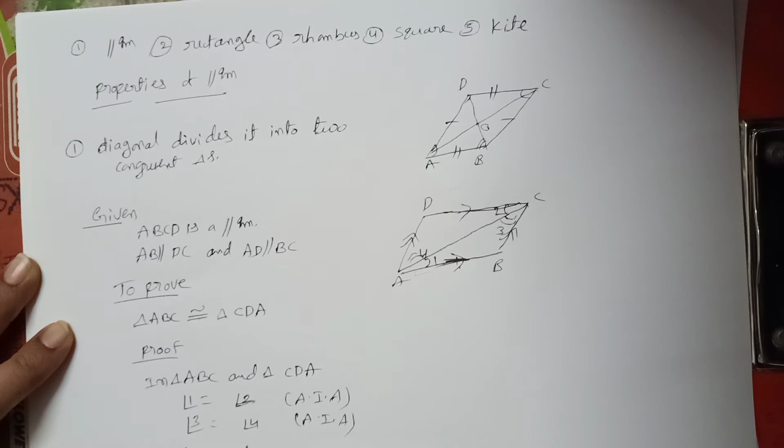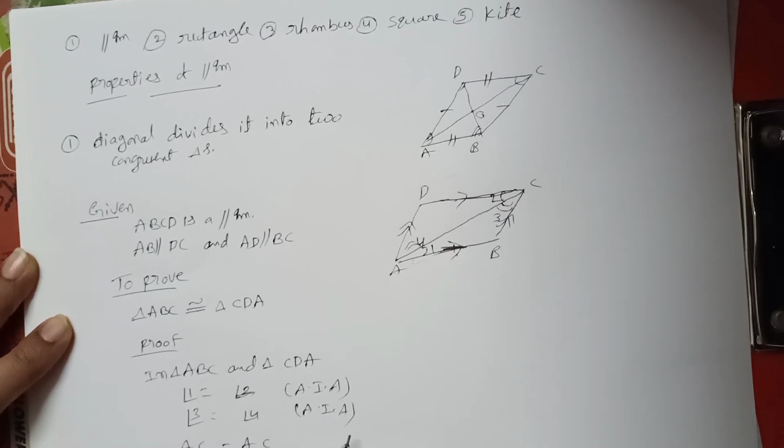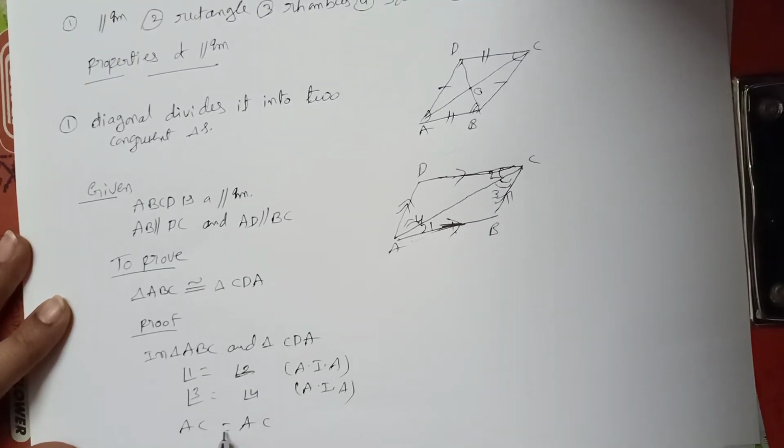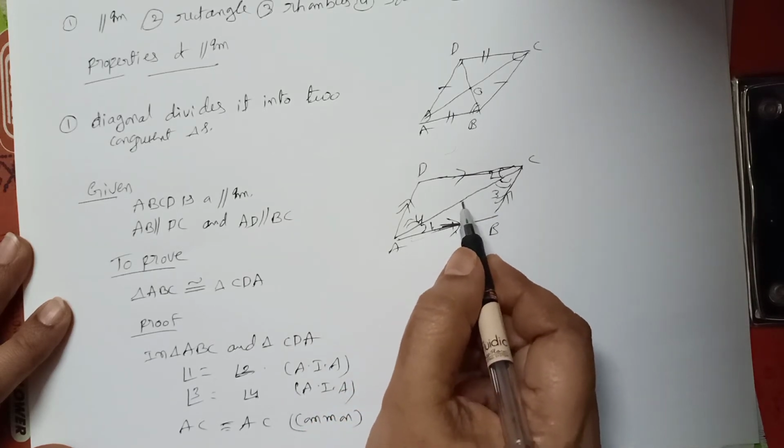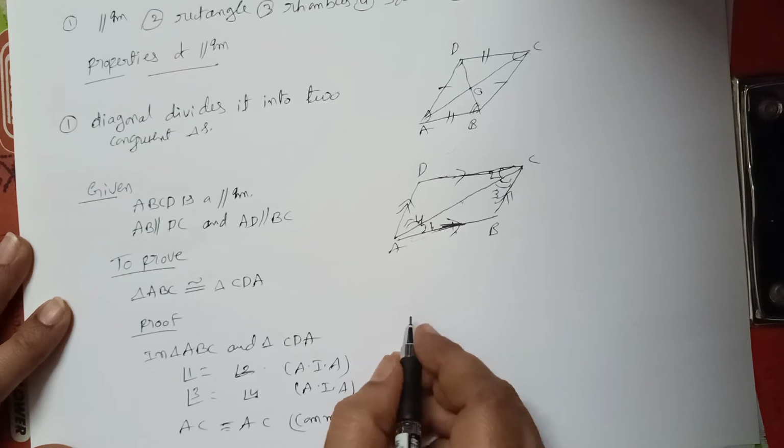AC is equal to AC, common. Angle side angle. ASA. By ASA these two triangles are congruent.